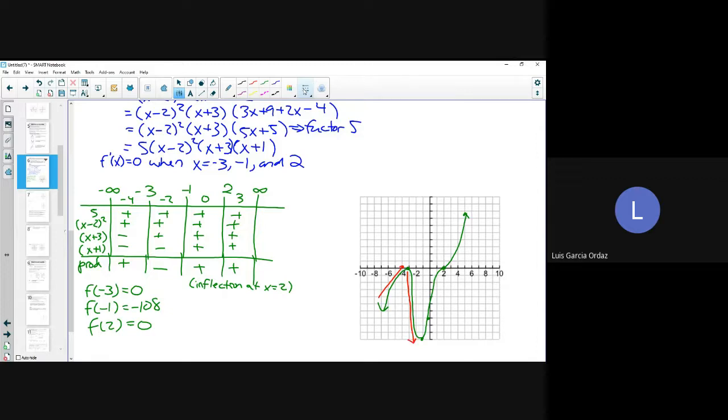After -1, from -1 to +2, my slope of my tangent is going to be increasing, but after +2, it still increases. Okay? I'm not too sure if that helps you out, Mohammed. So is it clear? Does it make it clearer now?